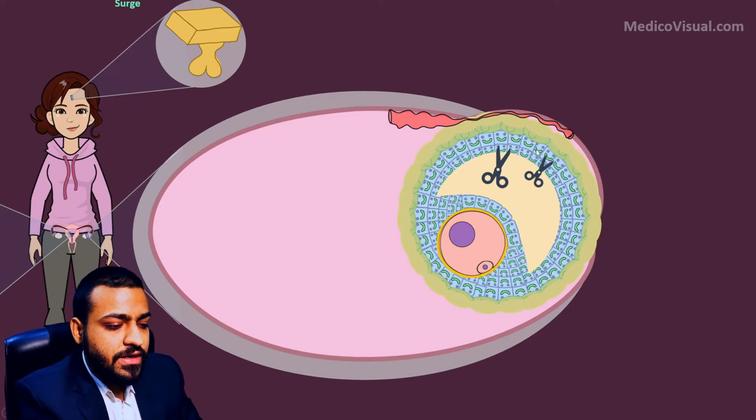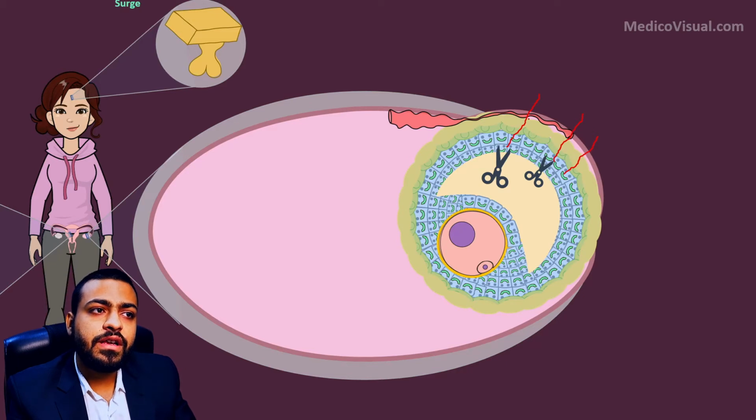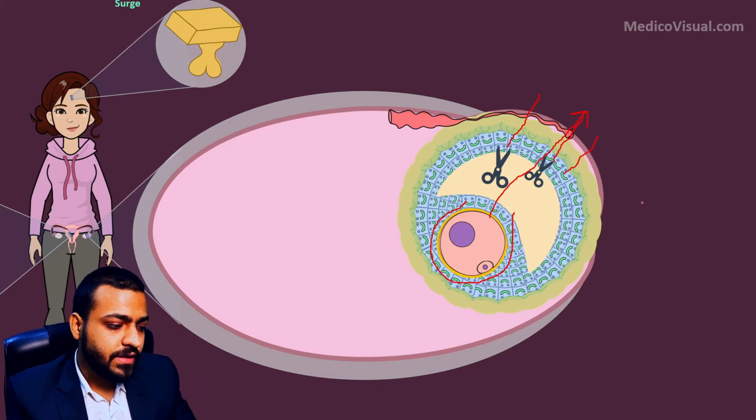And what these collagenases will do is dissolve this wall, and they will cause rupturing of this follicle, and they will damage this wall in such a way that this secondary oocyte can be released outside the ovary. Clear?